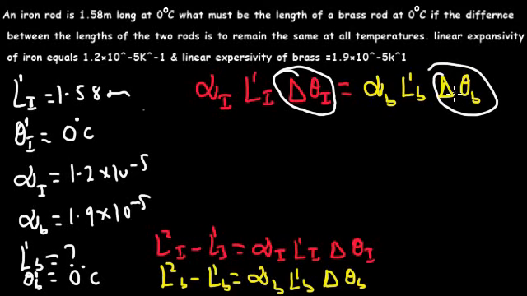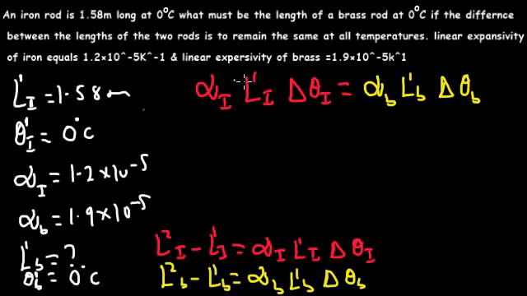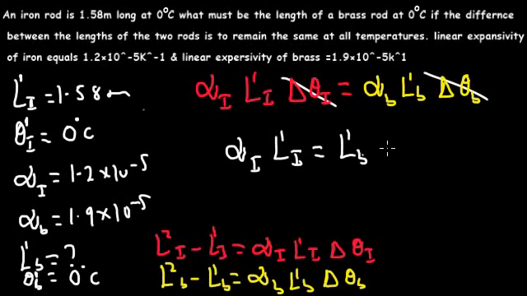Because their difference in length are equal at all temperatures, at the same temperature change. Are we together? So therefore, they can cancel out. So these can cancel this. Perfect. So left over is just alpha sub I, L1 sub I equals L1 sub B, then alpha sub B.